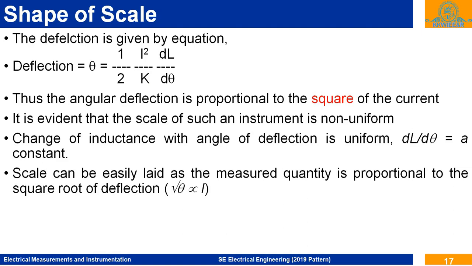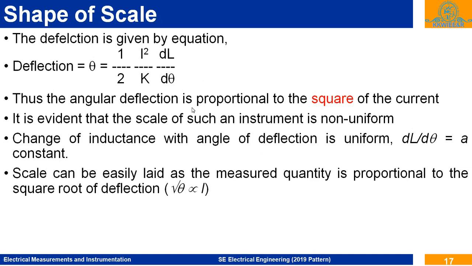Now from the working of this instrument, attraction type or repulsion type, as the vane or this iron piece moves, it will change the reluctance. With this change in the reluctance, the inductance of the coil will change, and at the same time there is a change in the deflection.